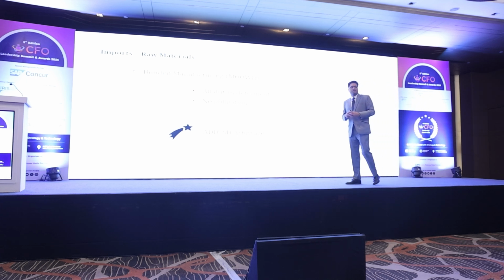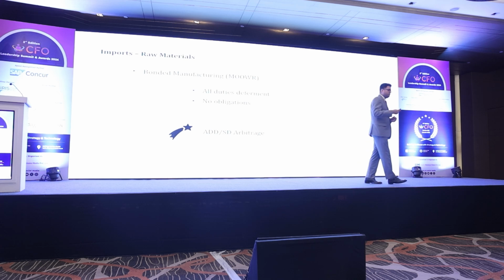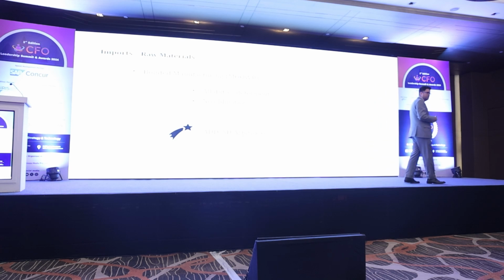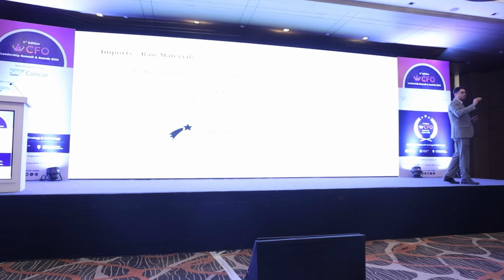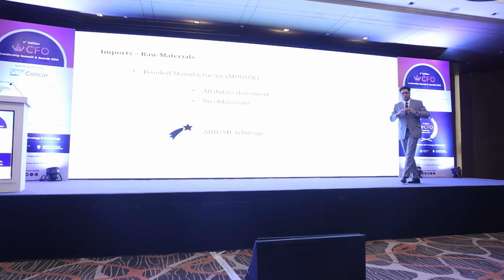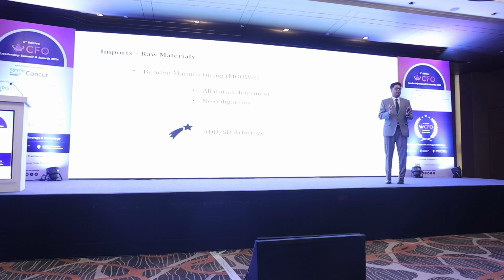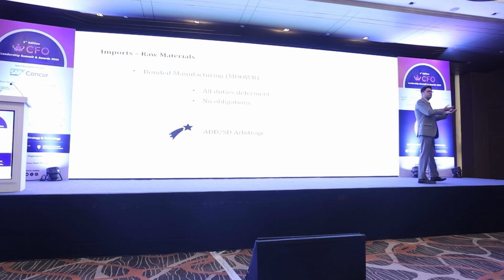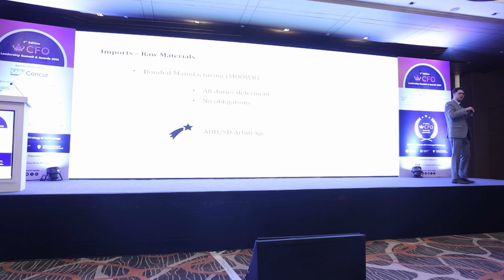However, if you want an anti-dumping duty or a safeguard duty arbitrage, for example, you are importing a chemical from China, or certain goods from China, and there is an anti-dumping duty, and you are going to import in a huge quantity. What you can do is have a bonded warehouse. You can import all the goods right now, and there will be no duty.